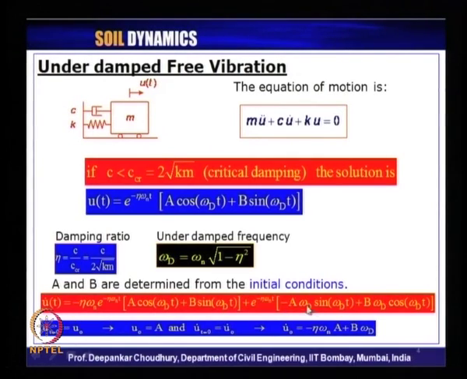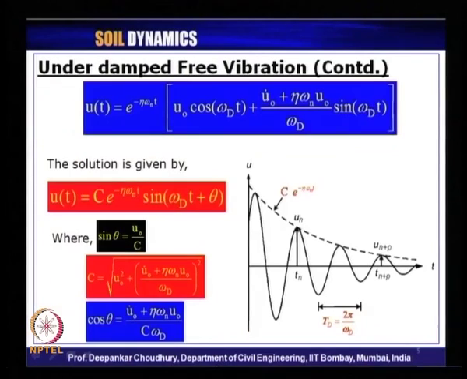After differentiating for the velocity function and using the initial conditions, we get the combined solution in this form, which can vary like this. We have seen how the envelope varies. This is the exponential decay and the harmonic function.